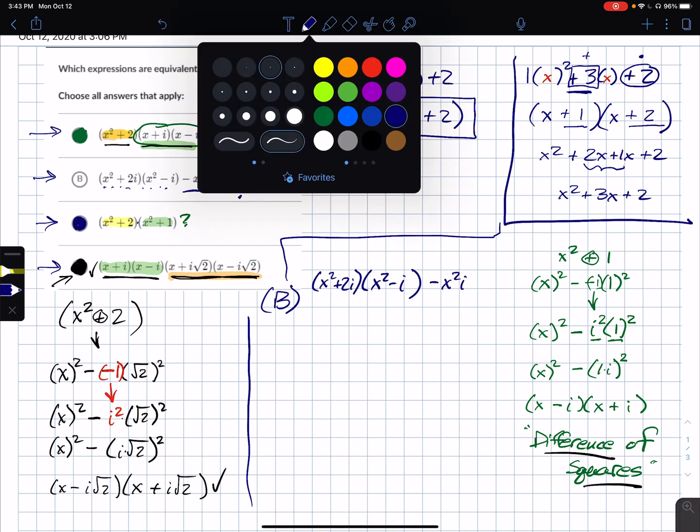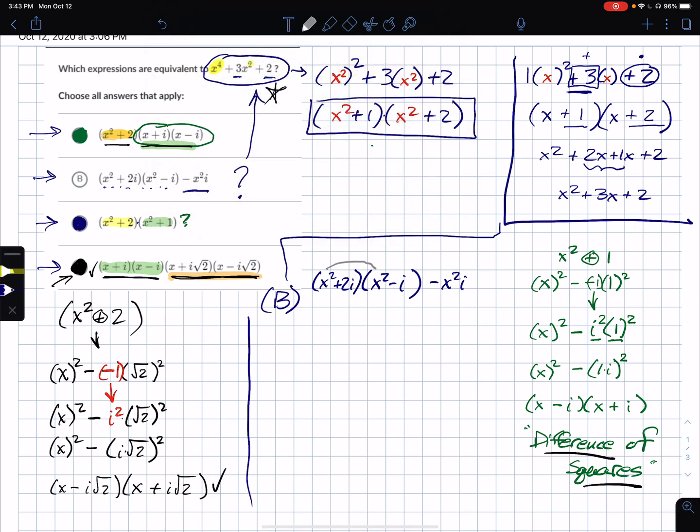So I'm going to get into this here with the distributive property. x squared times x squared gives me x to the fourth. x squared times negative 1 is negative x squared i. And then we've got another product here. 2i times x squared gives me positive 2 x squared i. And 2i times negative i is going to be negative 2i squared.